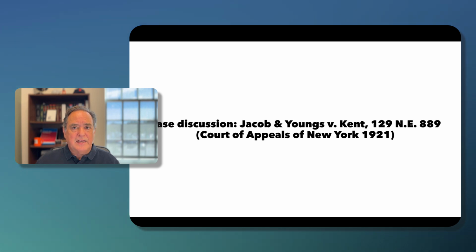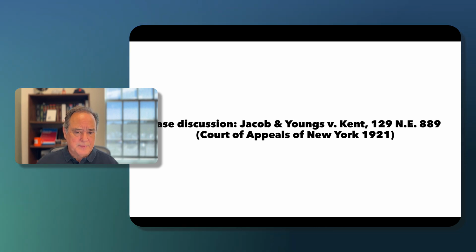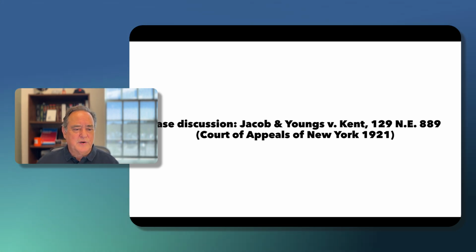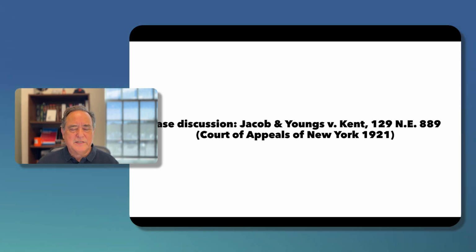They advertised their product heavily as being of the greatest quality, and so when Kent went to build his house, he specified Reading pipe. Now, inadvertently, Jacob and Youngs used a different brand of pipe. They installed pipe that was not Reading pipe, but was substantially the same quality.